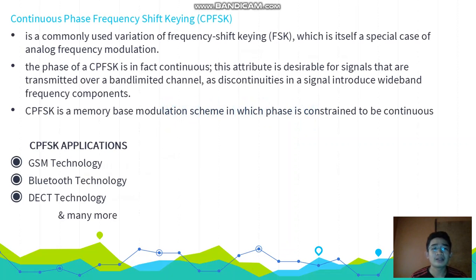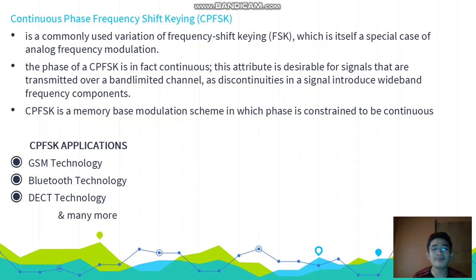Summary. Continuous phase frequency shift keying is a commonly used variation of frequency shift keying, which is itself a special case of analog frequency modulation. The phase of CPFSK is in fact continuous. This attribute is desirable for signals that are transmitted over a band-limited channel, as discontinuities in the signal introduce wideband frequency components.